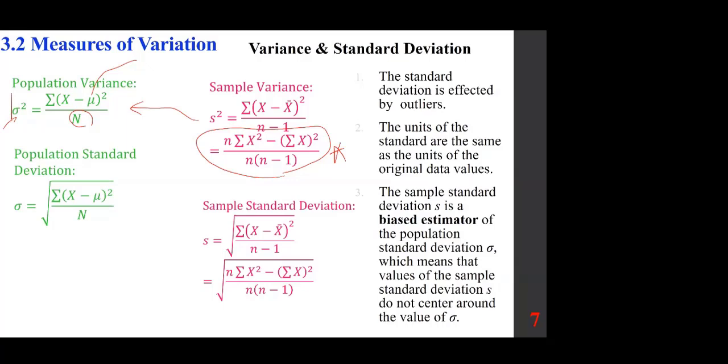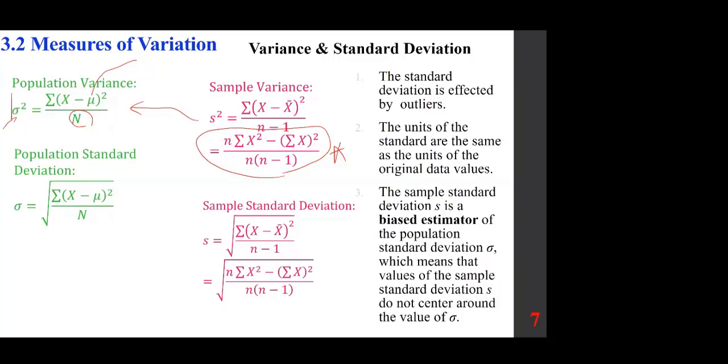But generally speaking, you use technology to come up with the answer. It's important, however, to understand the methodology. By the way, for the variance, the units are the same units as the data, but squared. But when you do the standard deviation, then you have the same units.